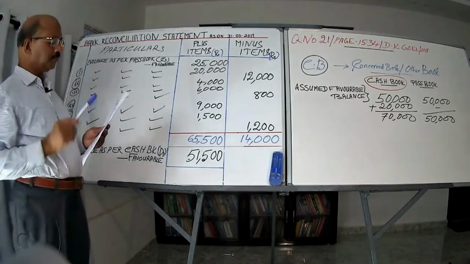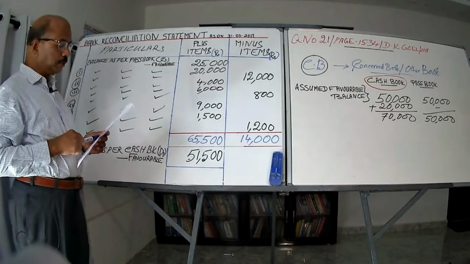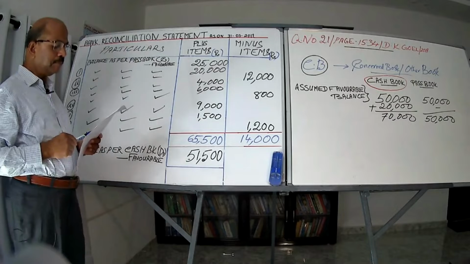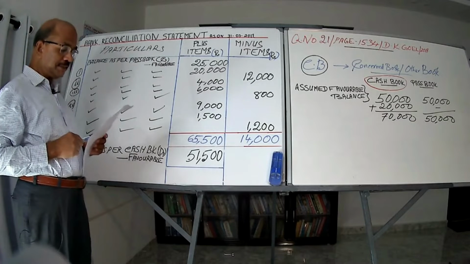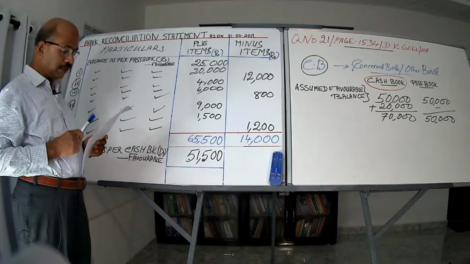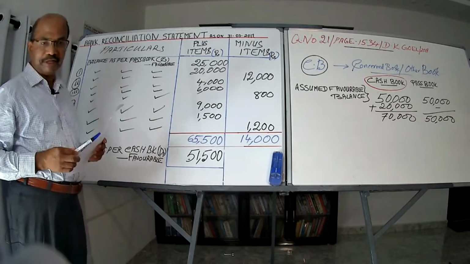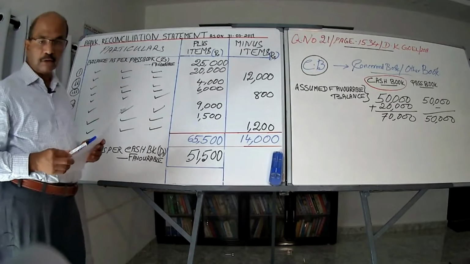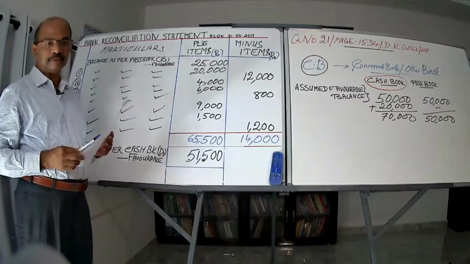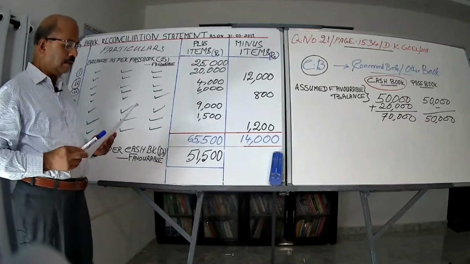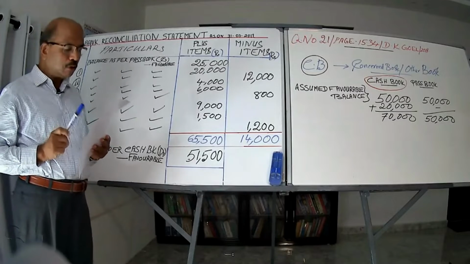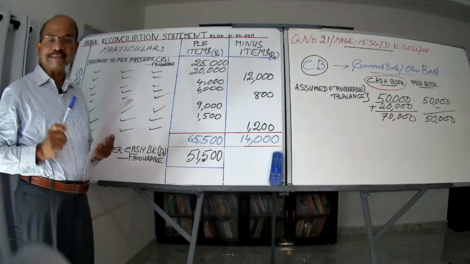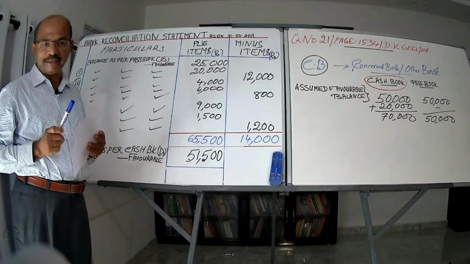Discrepancy number 1. Checks of rupees 20,000 were deposited in bank on 27th March 2017, out of which checks of rupees 5,000 were cleared on 1st April 2017. Rest are not cleared. Well, keep it in mind, whatever happened as on 31st March 2017 only, we are going to consider.